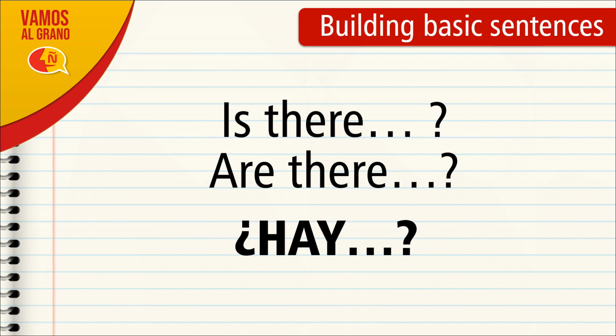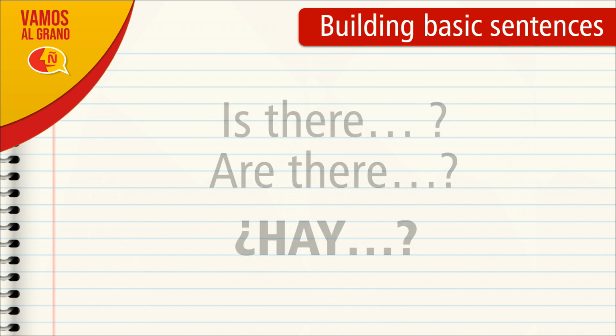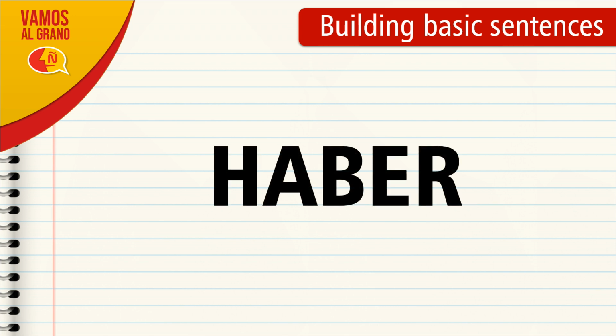But where does this hay come from? Well, it might help to remember that hay is actually the impersonal form of the verb haber. You may have already heard about this verb in Spanish because it is also used as an auxiliary verb to make compound forms of verbs. Okay, we will have a look at them in other videos.